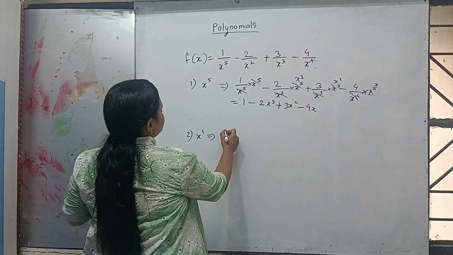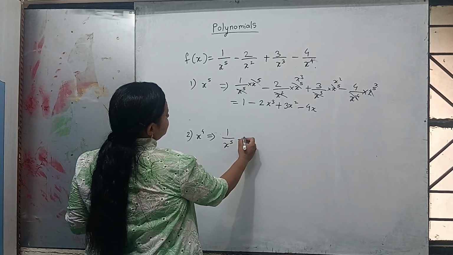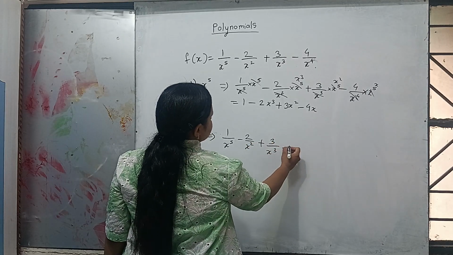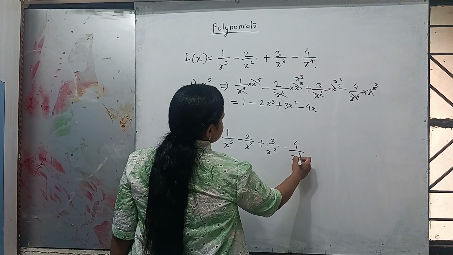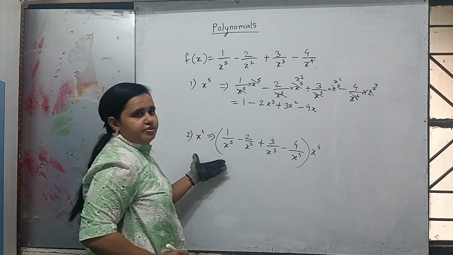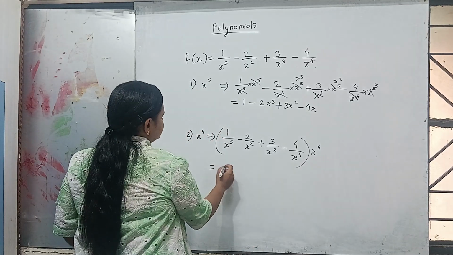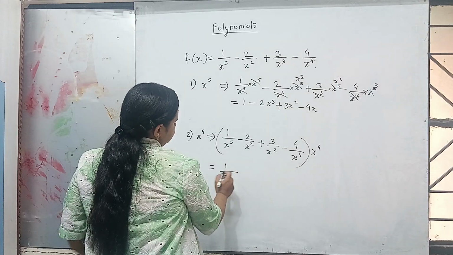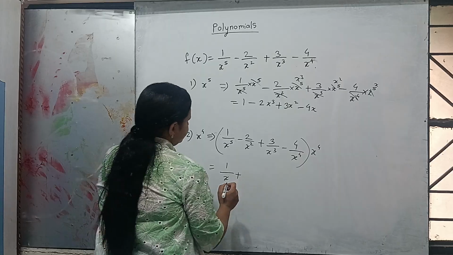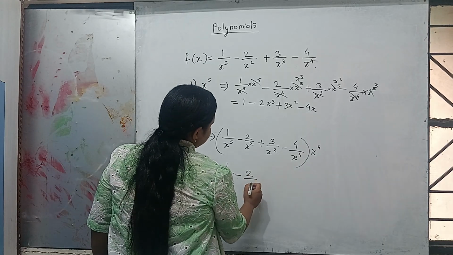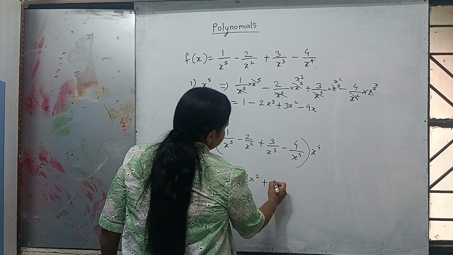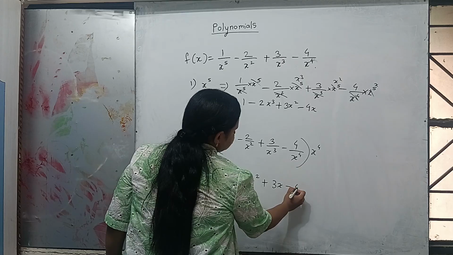If we multiply the whole term with x to the power 4, what will we get? We will get here 1 upon x plus minus 2 upon, minus 2x square plus 3x minus 4.